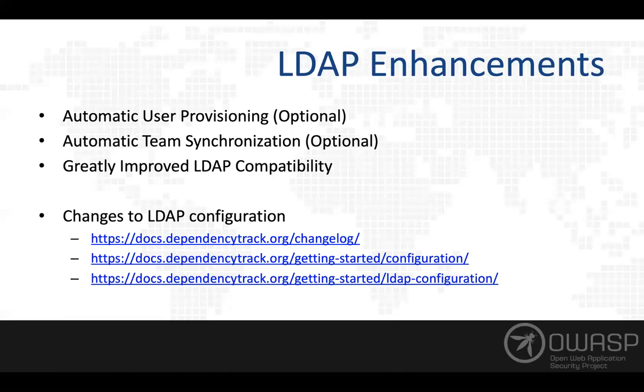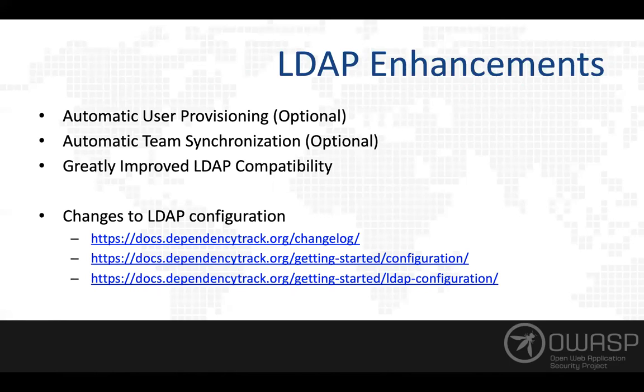Highly suggest you check out the change log. The configuration URL, the middle URL there, now has a sample configuration file that's been updated, as well as the last link there, LDAP configuration, that provides concrete examples of how you would set up LDAP configuration for various LDAP implementations.